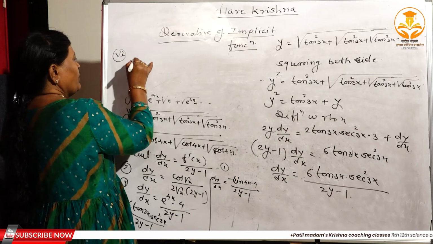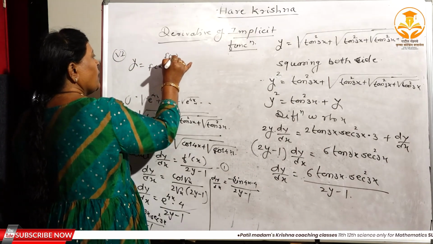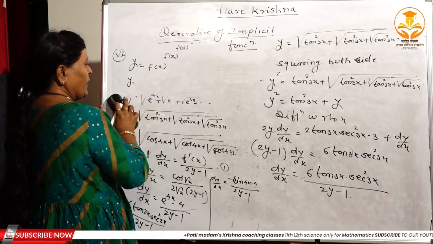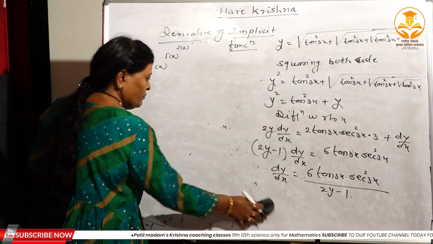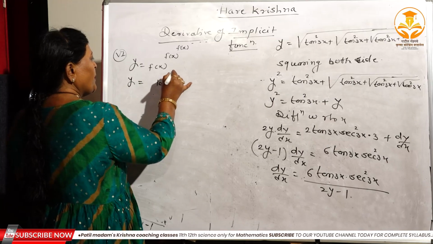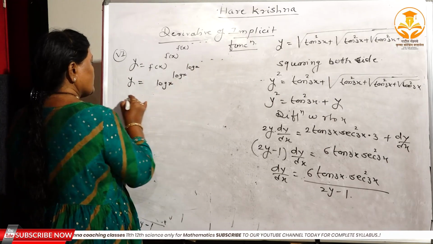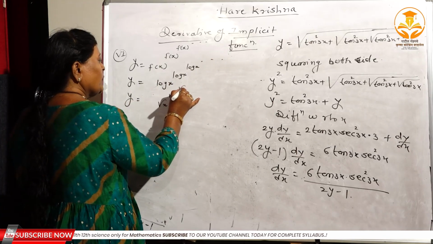See, y is equal to f of x to the power f of x to the power f of x, and so on. Again you can take any function yourself, whatever you want. Now log x to the power log x to the power log x, that is again y. Or y is equal to root x root x root x.